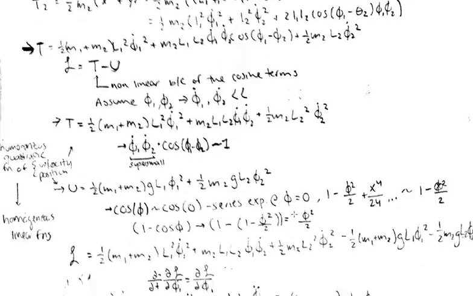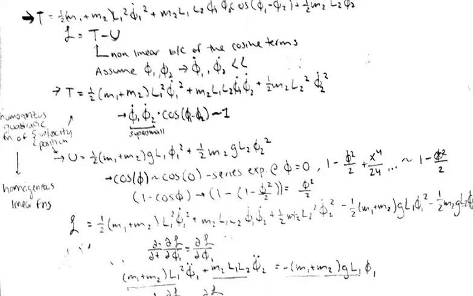Now for the potential energy, you have to do the series expansion of cosine phi at 0, because we assume that phi is essentially 0. So when you do the series expansion, you get 1 minus phi squared over 2 plus phi to the 4th over 24, and then going on and on.